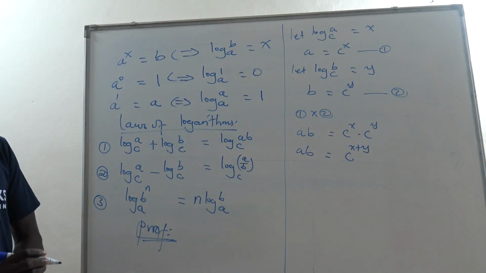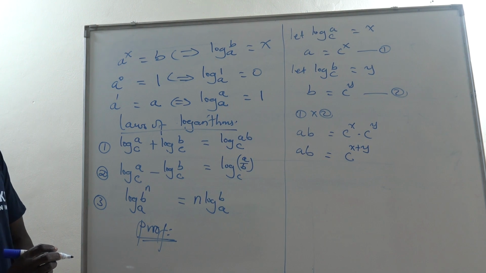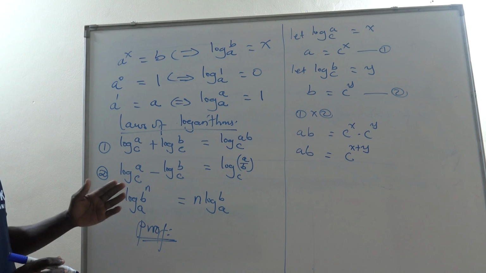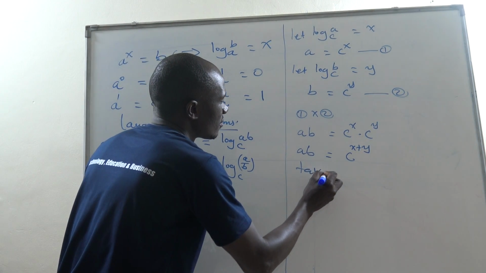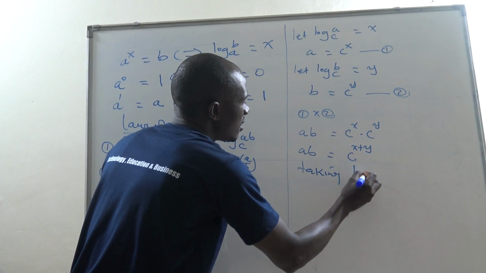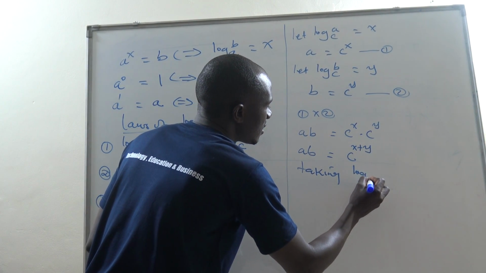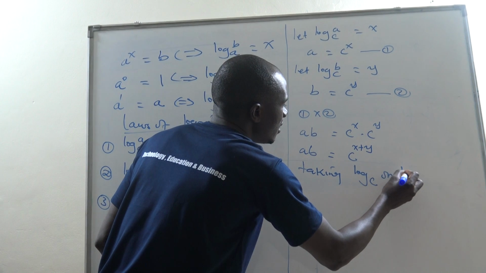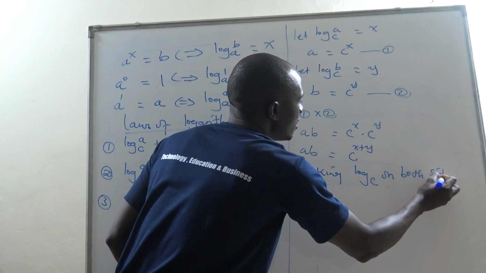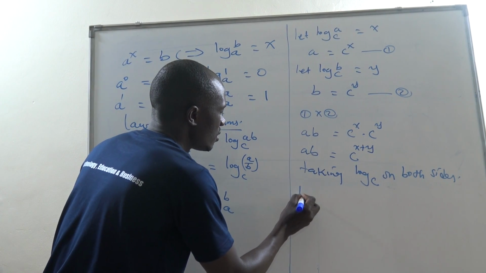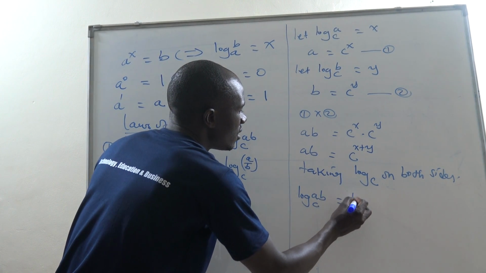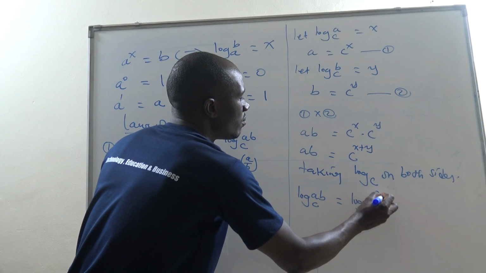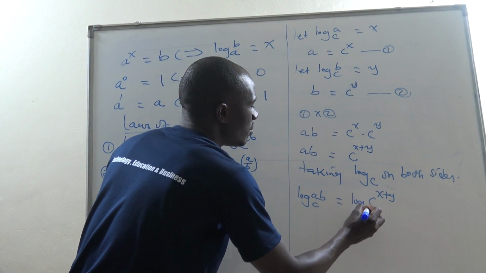When you reach here, what can we do? We take log to base c on both sides. This becomes log of ab base c equals log of c power x plus y base c.